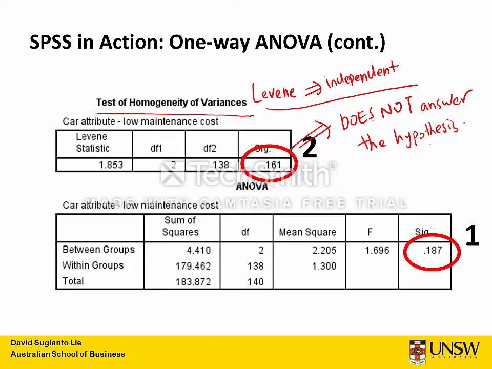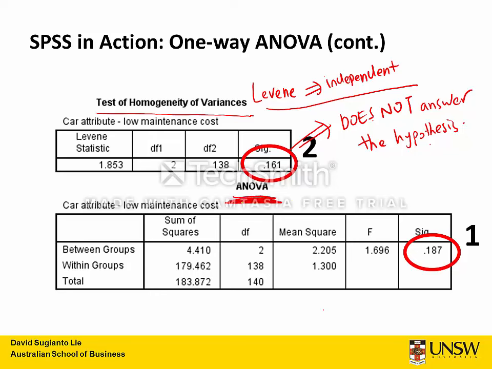Again, the significance or the p-value here does not answer the hypothesis. So in ANOVA, the first thing you should do is look at the ANOVA table.